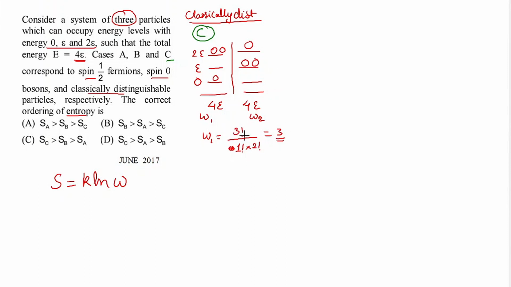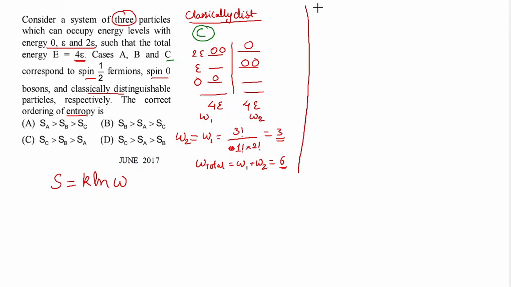Similarly, we will have the same for W2, and hence W total will be W1 plus W2, that is 3 plus 3 equals 6. So for classically distinguishable particles, the value of W we are getting is 6.